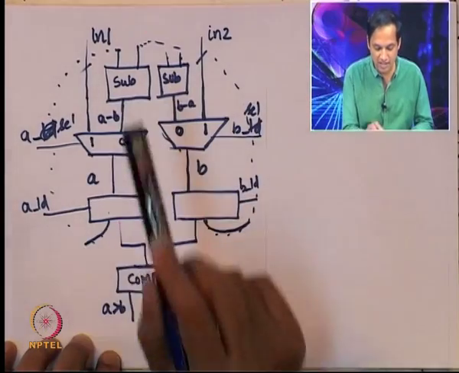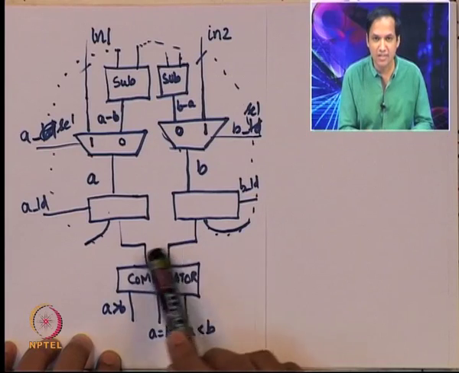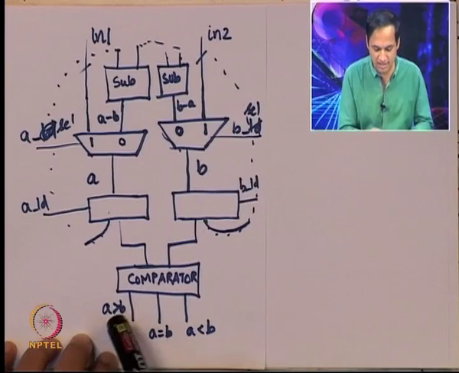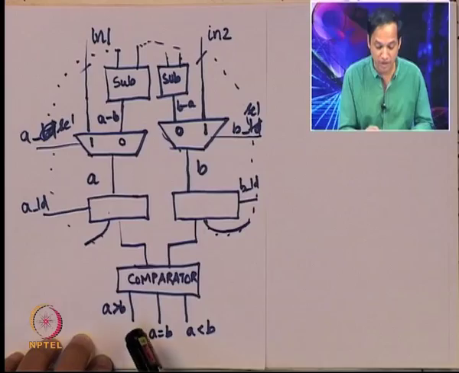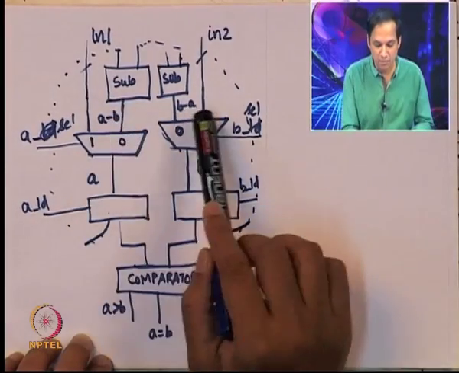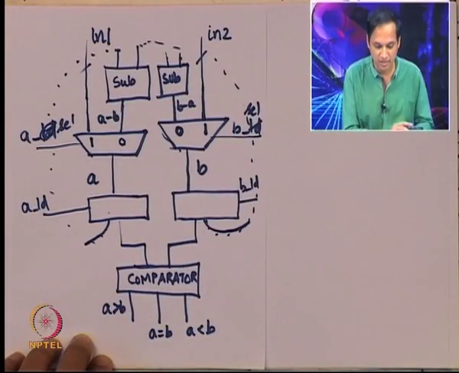Since subtractors and the comparator are combinational circuits, any change in input will change the output. So these results, A greater than B, A equals B, A less than B, will come out at some point of time. Similarly, when you supply the two numbers, A minus B and B minus A, these two results will come out at some point of time.